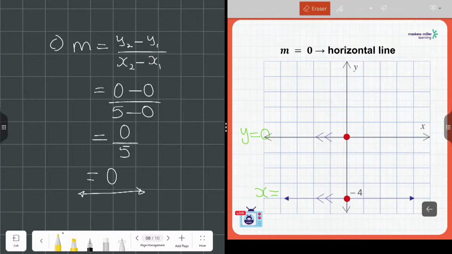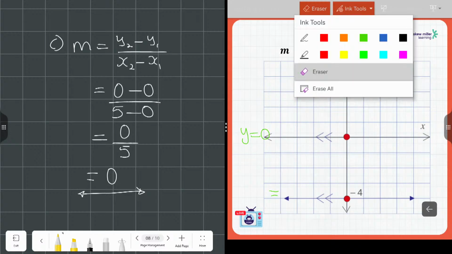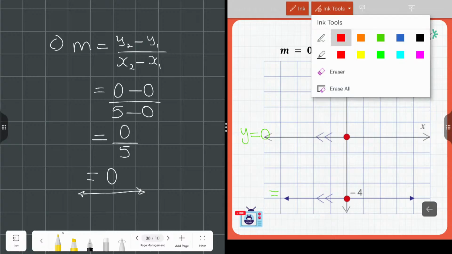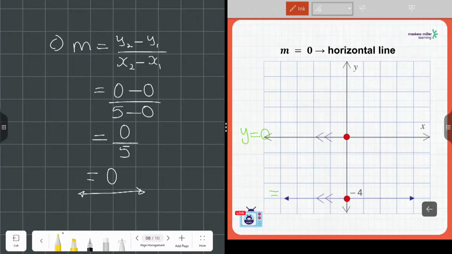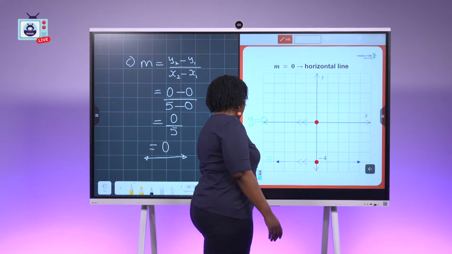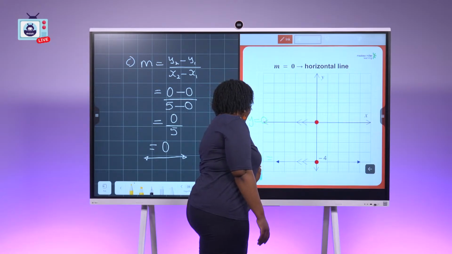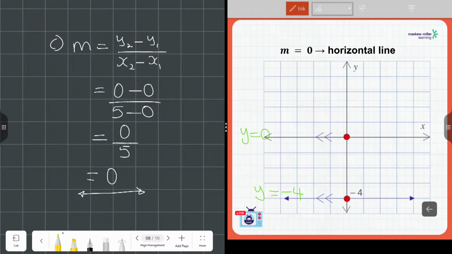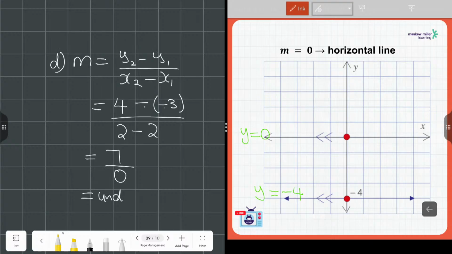Since this is parallel to our x-axis, which is the line y equals 0, every line that is parallel to the x-axis, we call it y equals something. So this will be y equals a negative 4, just as this is y equals 0. And that is where we have our gradient being 0.